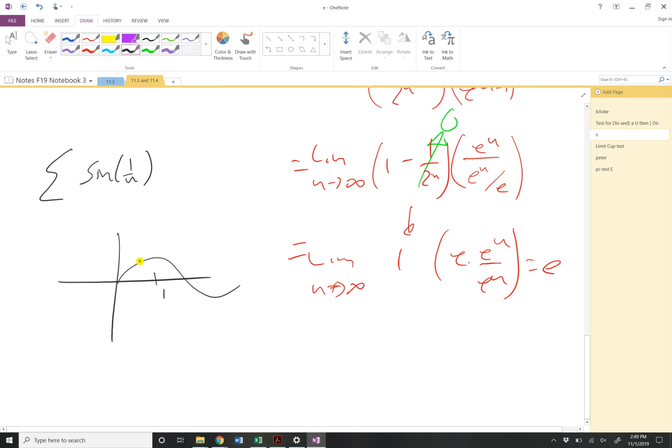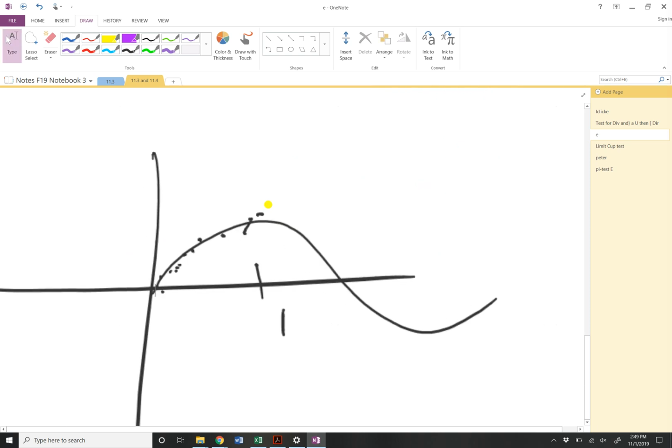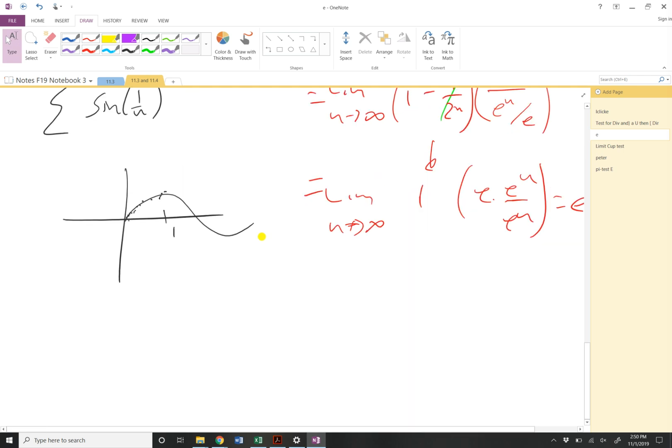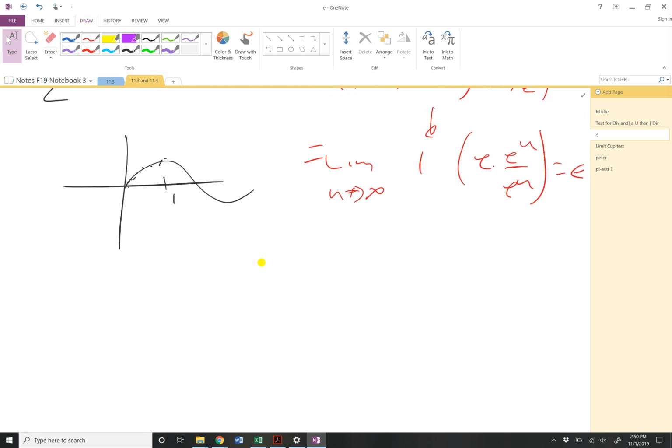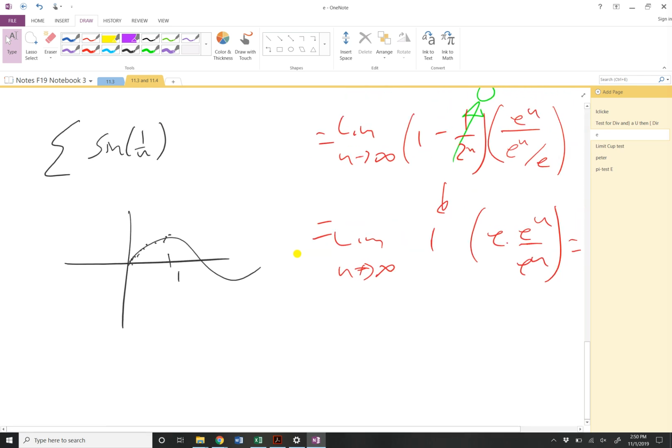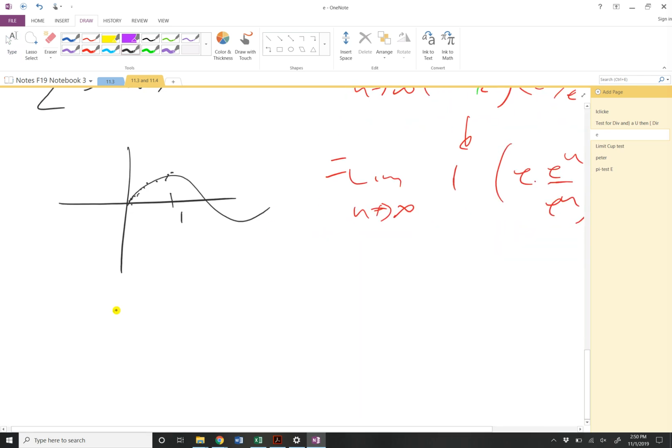So if this is 1 here, and then a half, and so on, we're getting values that are getting closer and closer to 0. So what is sine like around 0? Well, the terms go to 0, but sine of x is about x.